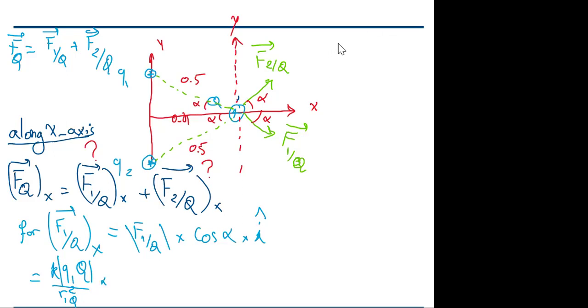As we know, cosine alpha is the adjacent over the hypotenuse. What is the adjacent of this angle? It is 0.4 divided by 0.5, the hypotenuse. We have a right angle triangle here, so it's 0.4 divided by 0.5. And of course, it's along i, because we are talking about the x-axis. Very good.